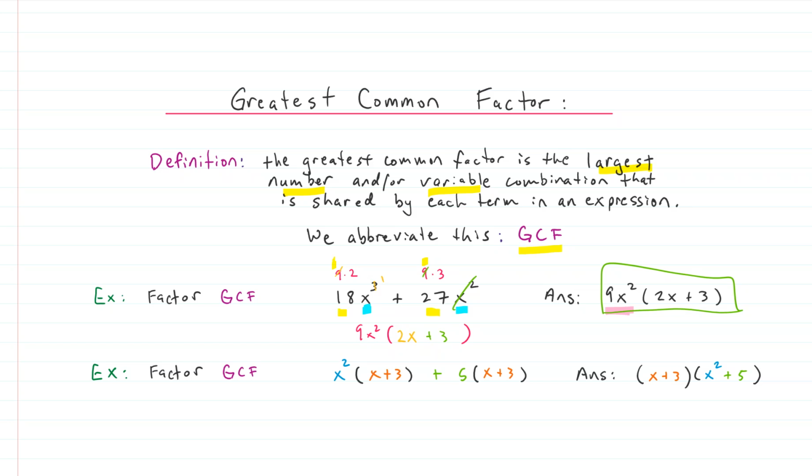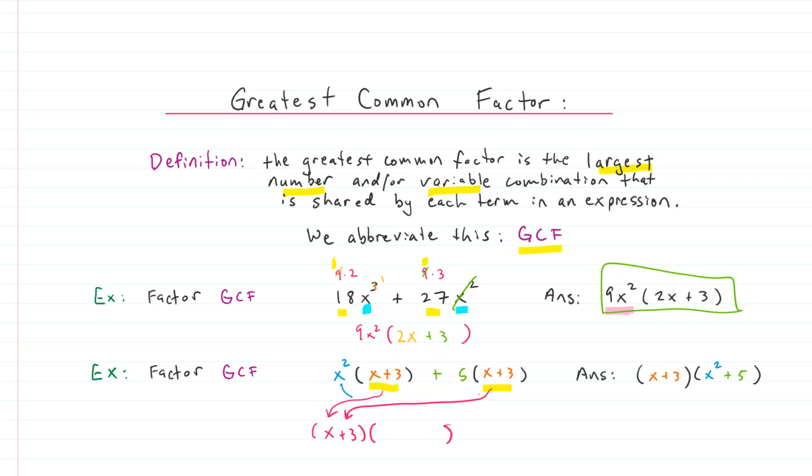Here's another example. If you look at these two terms and we're supposed to factor out the greatest common factor, we have x squared times the quantity x plus 3 plus 5 times the quantity x plus 3. As we're looking at it, we notice they both have an x plus 3. So if we pull out the x plus 3 from each of them, we have x plus 3, and what do we have left?